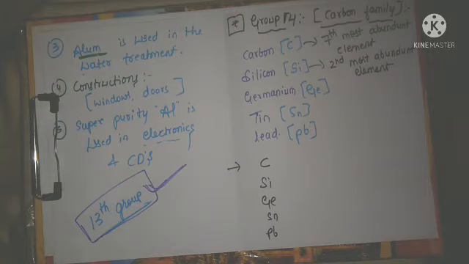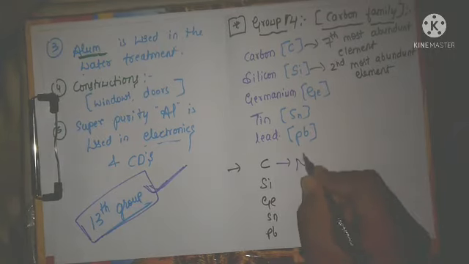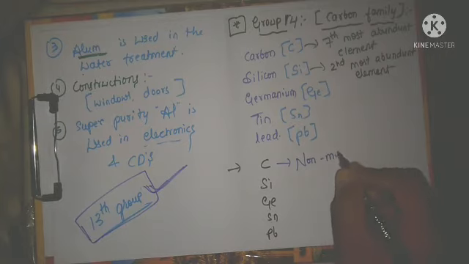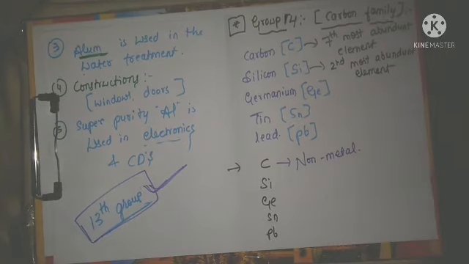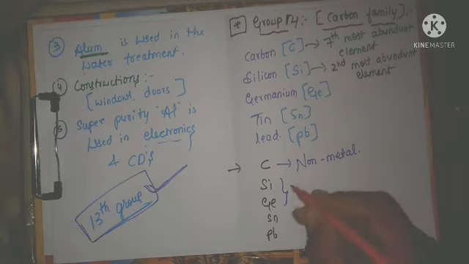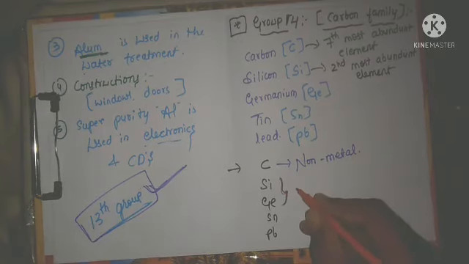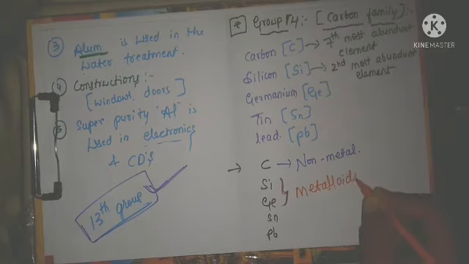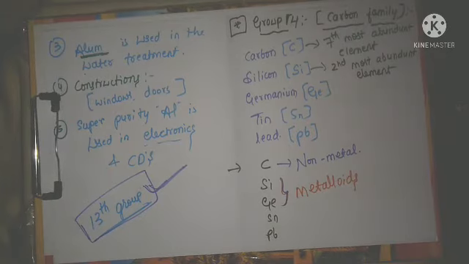Here carbon is the first member, and it is a non-metal in the 14th group.